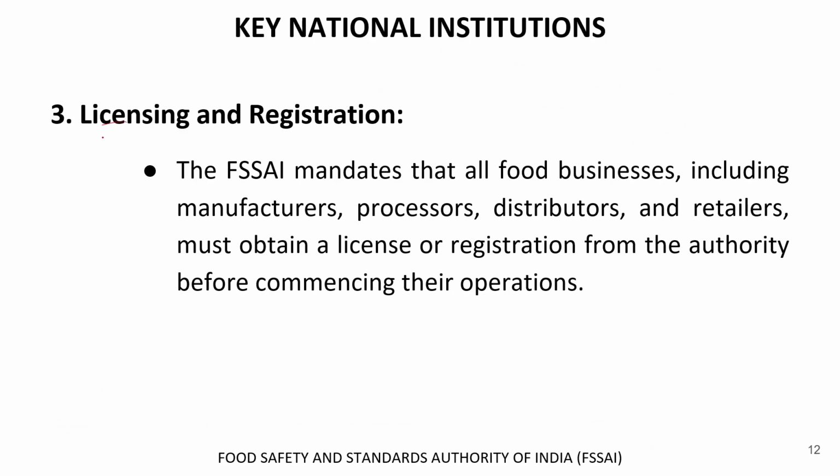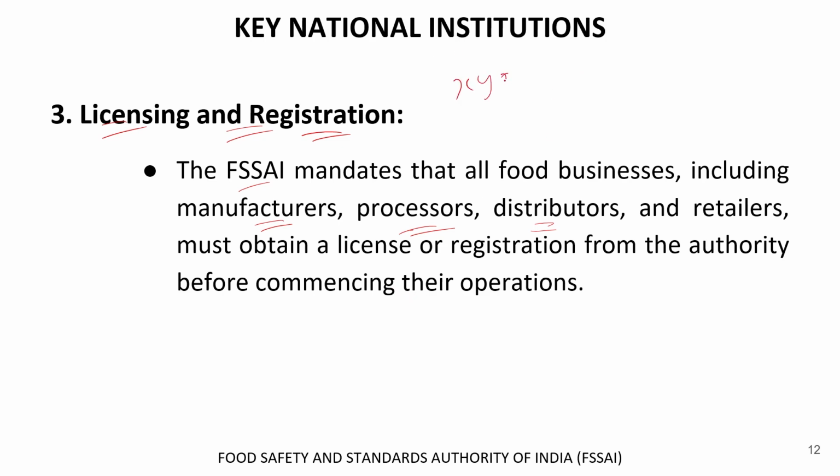Now come back to the topic: licensing and registration. The FSSAI mandates that all food businesses, including manufacturers, processors, distributors and retailers, must obtain a license or registration from the authority before commencing their operations.